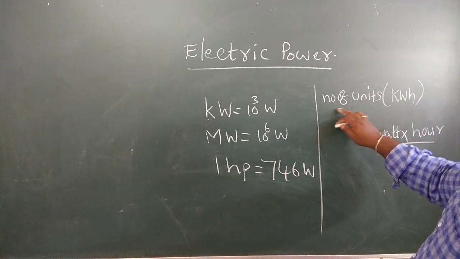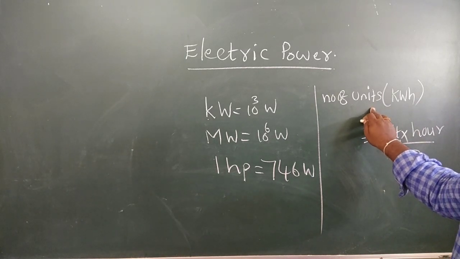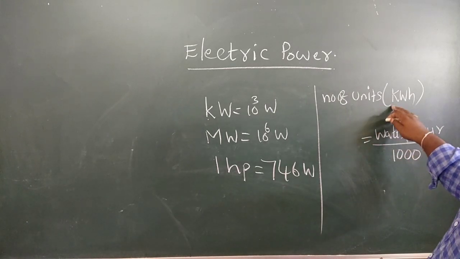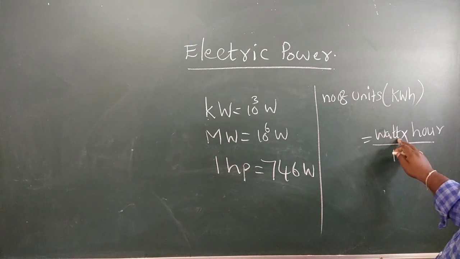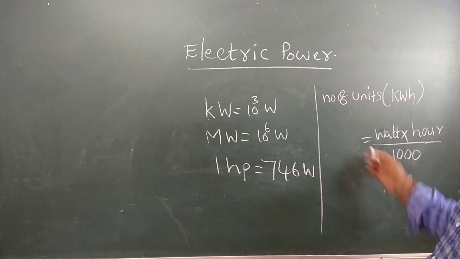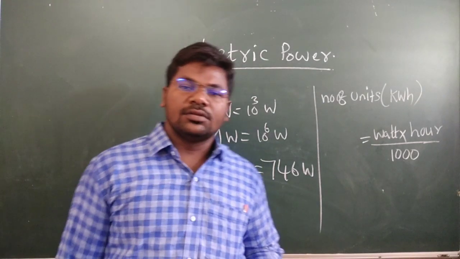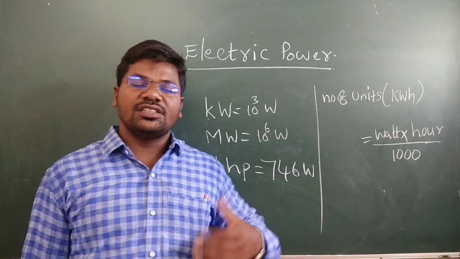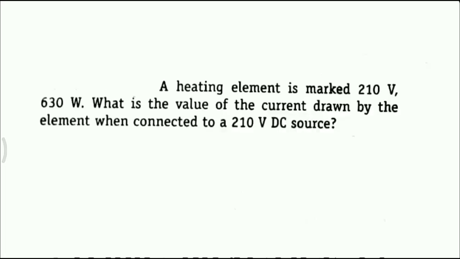If power is given, we can substitute it here along with how many hours the appliance works, and divide by 1000 to get the units. In our household, electrical energy is consumed in the form of units, the commercial unit of electrical energy, kilowatt hour.